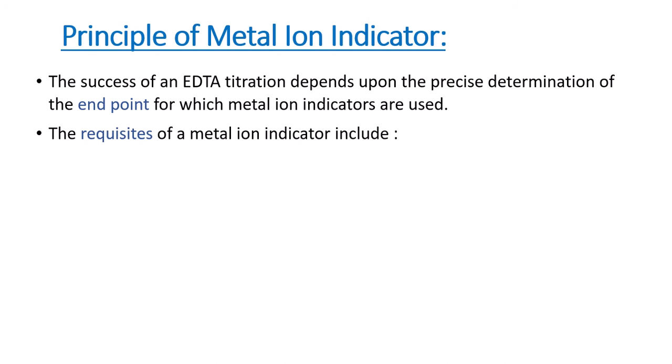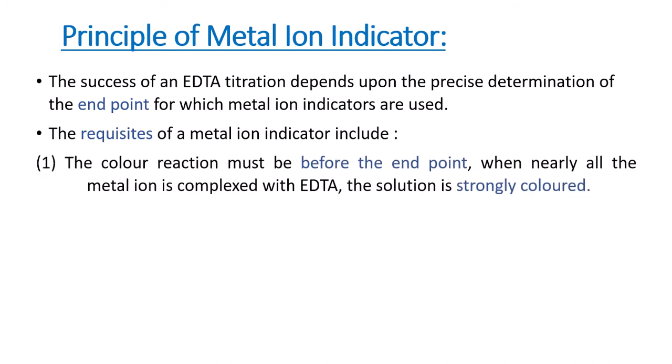So these are the requirements for the metal ion indicator. A metal ion indicator must possess the following points. First point, the color reaction must occur before the end point, when nearly all the metal ion is complexed with EDTA and the solution is strongly colored.